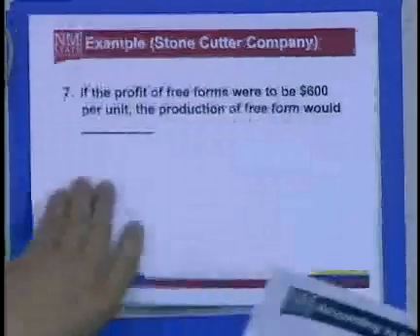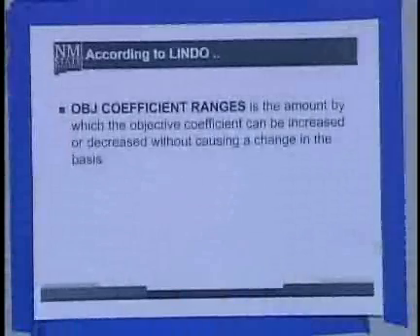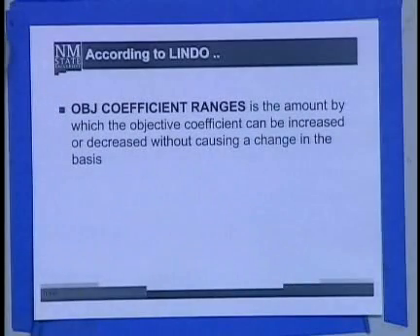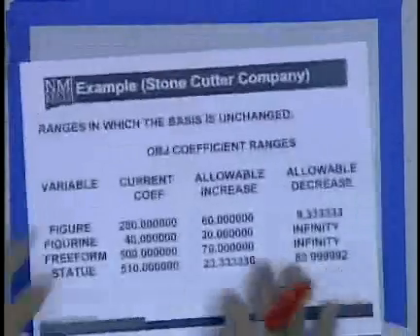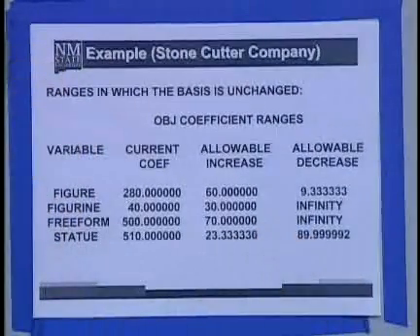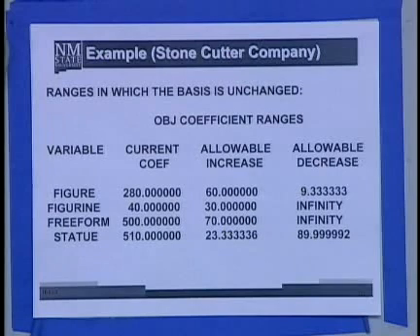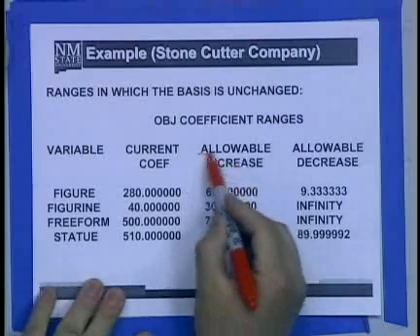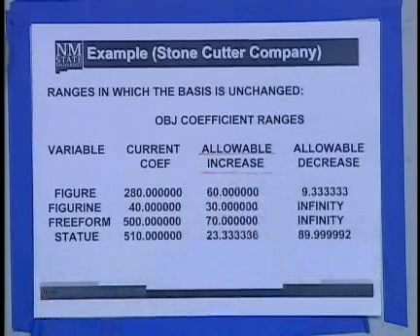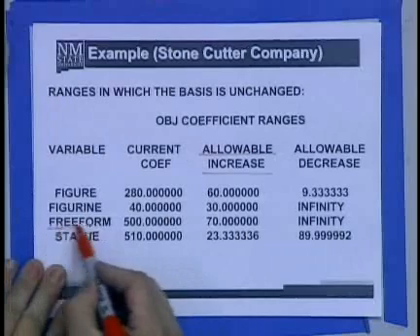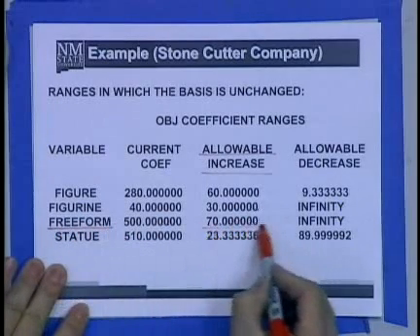So we need to look at the objective coefficient ranges, right? So what value we need to look at? The allowable increase limit, right? For freeforms, right? Which is 70.